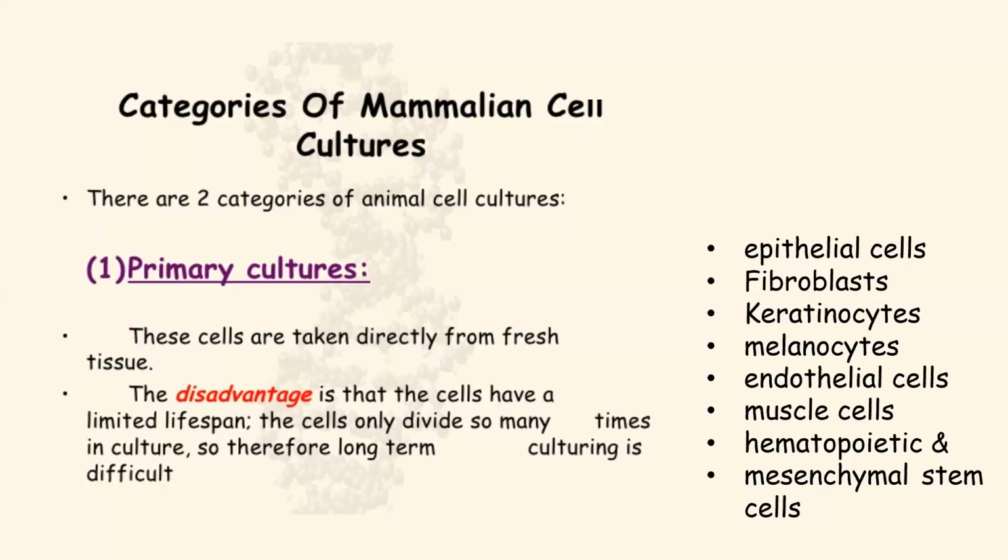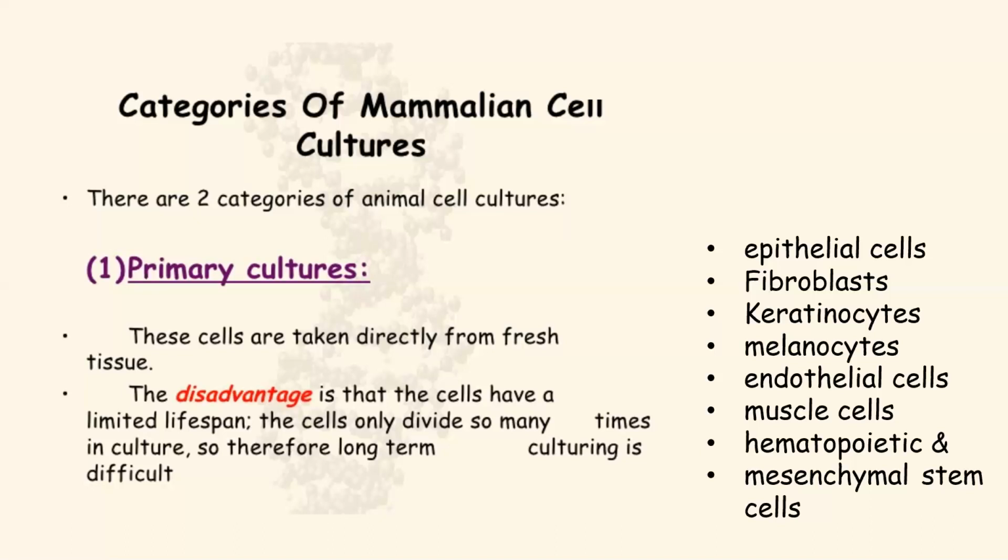But the major disadvantage with these cells is that they have a limited lifespan, which means they will divide only a few number of times in the cell culture. And eventually, after a certain number of divisions, they will reach senescence.